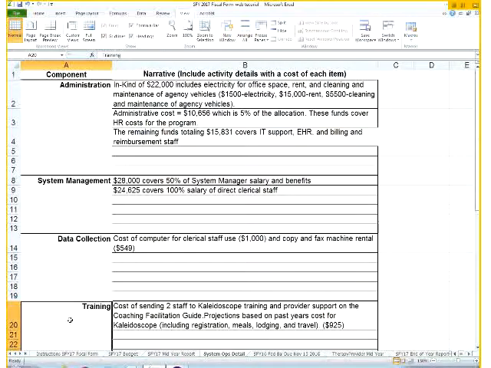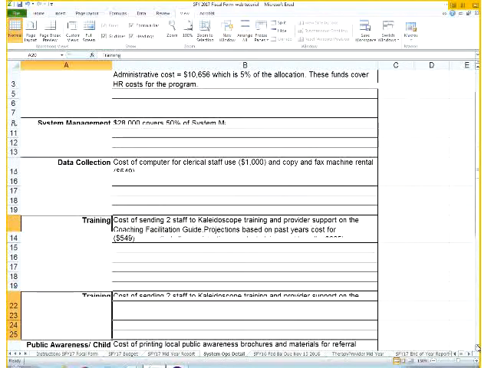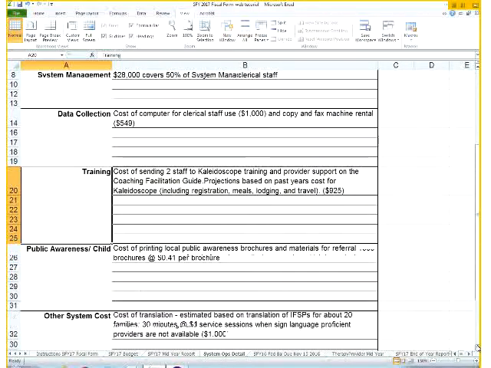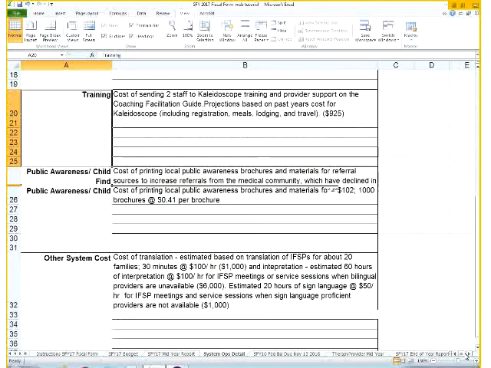In training, we have what trainings the system anticipates staff may attend this year and the projected cost. Here they've chosen to send 2 staff to Kaleidoscope training and also to send providers for support on coaching facilitation. And they have their projections that are based on last year's cost for Kaleidoscope.